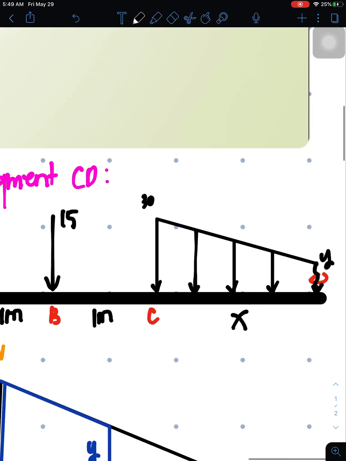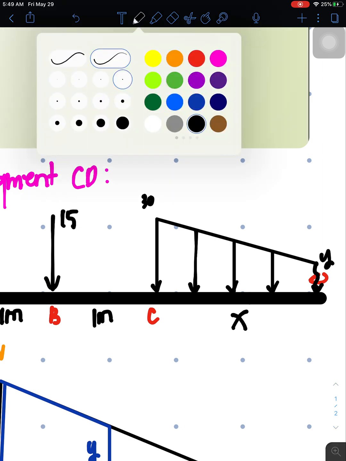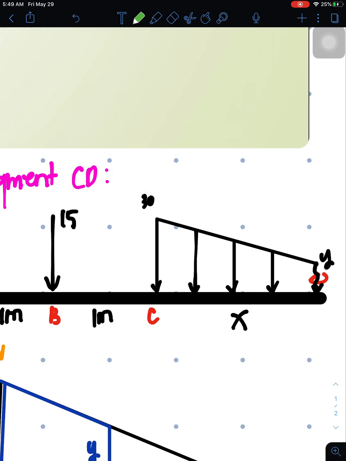In getting the equation, we have to first resolve this one. Since this is a trapezoid, usbo na to ang iyang illustration. This is now, I hope makita ninyo, no longer 30, but this is 30 minus y.